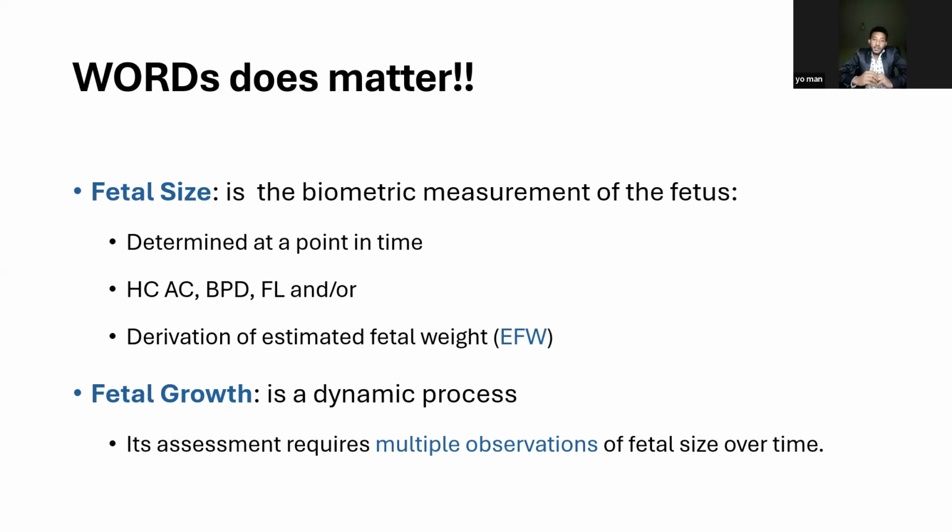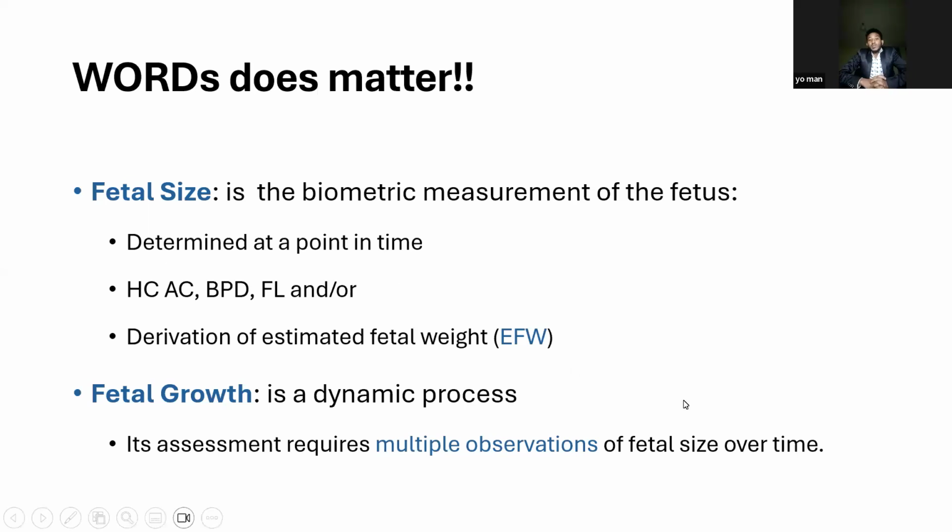The most important thing here is we can identify the fetal size to be below average or above average at a single point in time without considering another scanning time. So that is what we call fetal size. We can determine the fetal size only by measuring those biometric parameters indicated here.